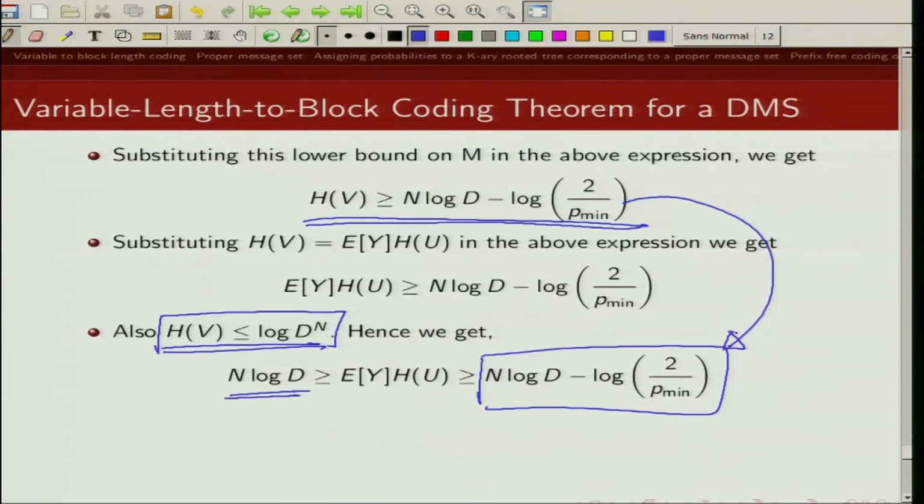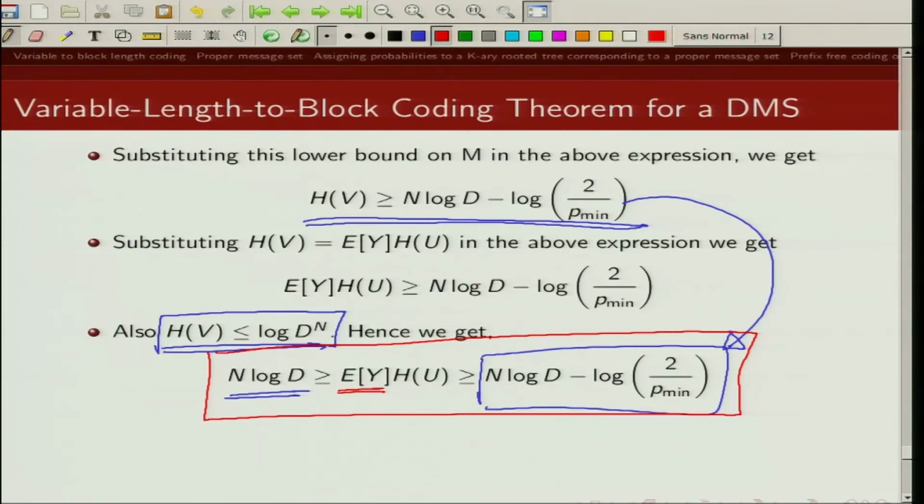So combining this upper bound and lower bound, I can write that this is a relation governing the expected value of y, the uncertainty in u, the code word length, the D-ary alphabet size of the output code word, and this is the minimum probability of the single letter emitted by the discrete memoryless source.